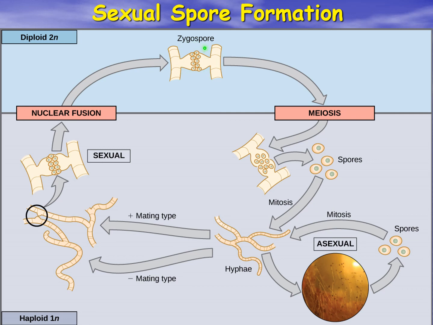And this then is going to be our sexual reproductive spore. That will then, once released, undergo meiosis and go back to haploid numbers to produce haploid spores that will then begin the asexual reproduction over again, but now we have a new genetic combination.